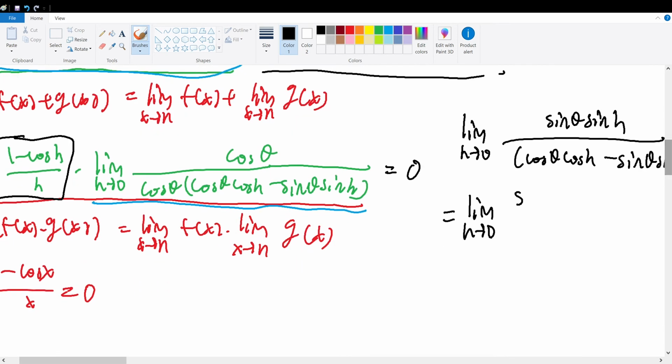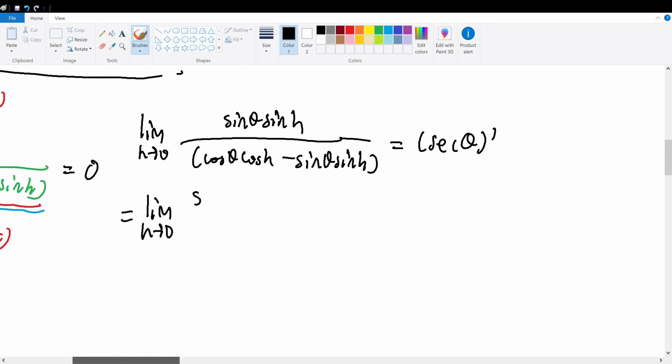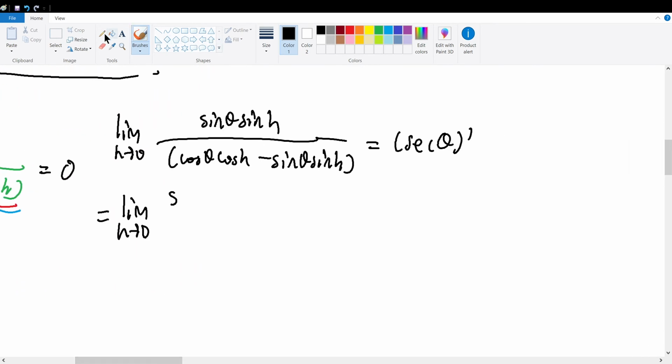So if I rewrite this, please do excuse my previous error, we have to rewrite this because that is not equal to the derivative of secant theta. This denominator times h times cosine of theta is equal to the derivative of the secant function.